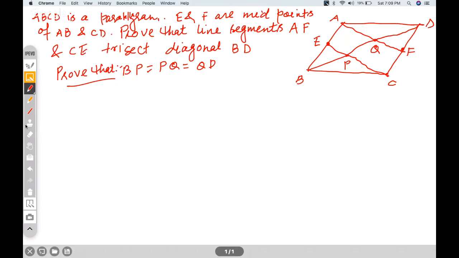Should I solve? Or Dhruti is saying she has done it. Should I solve, guys?